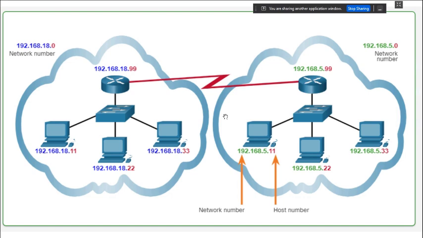The same thing if you come to the other network to the right: in all the IP addresses, the first 3 octets are the same. It's only the last number that represents the host that is changing.